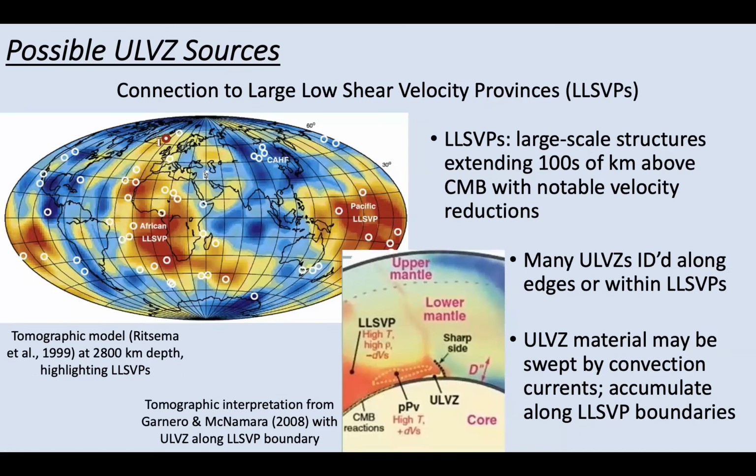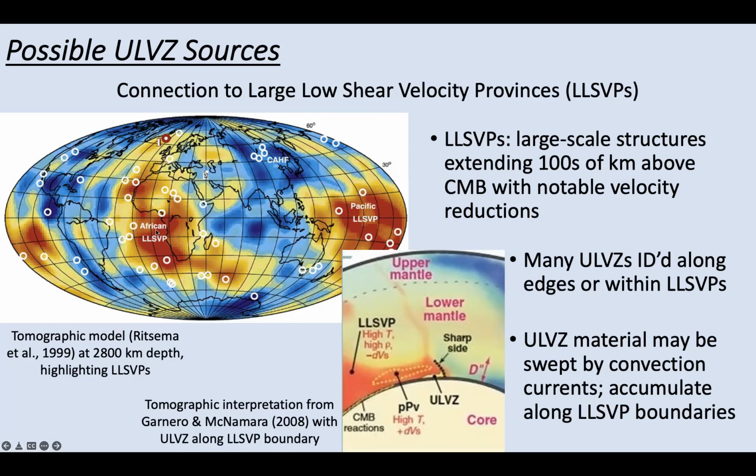It's also been suggested that there is some type of relationship or connection between ULVZs and those large low shear velocity provinces that I mentioned a few minutes ago, also known as LLSVPs. There's a lot of acronyms, I'll try to keep them straight. So the map here on the upper left is just another representation of those large low shear velocity provinces. This is a seismic tomography model at 2,800 kilometers depth.